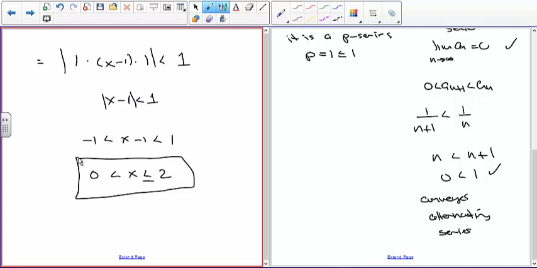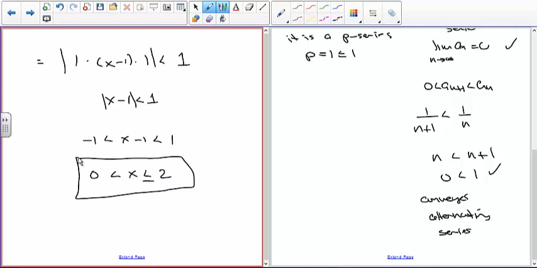So make sure you understand that, because it's going to show up on the test. Okay, I'll give you a hint. It's not this problem, but it's a problem that won't be all real numbers. It'll be a situation where you have values of x where it converges and where it doesn't converge.